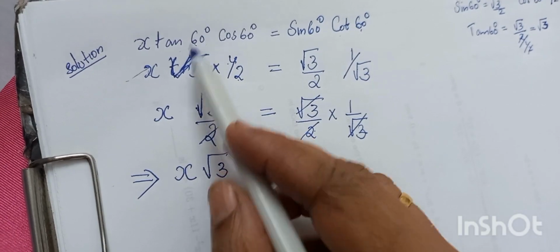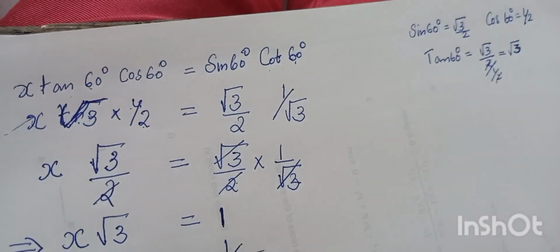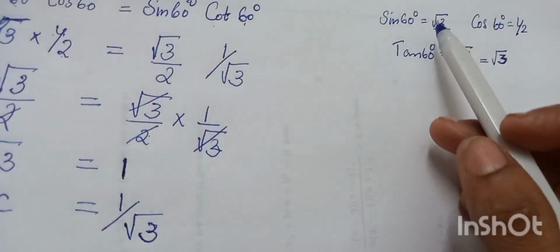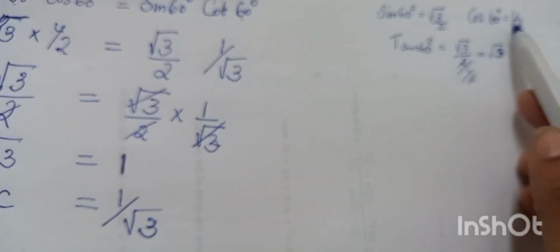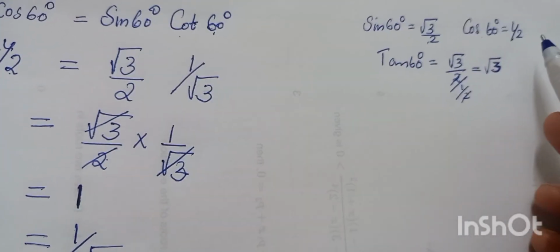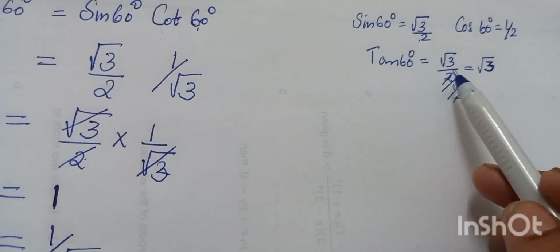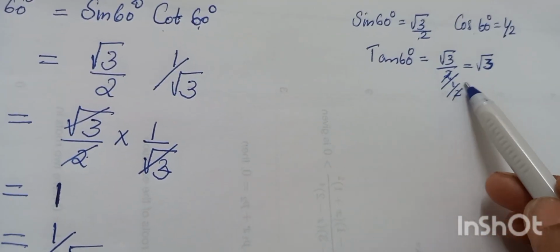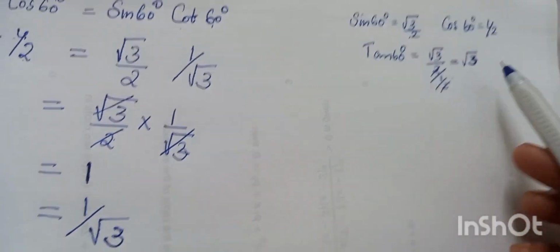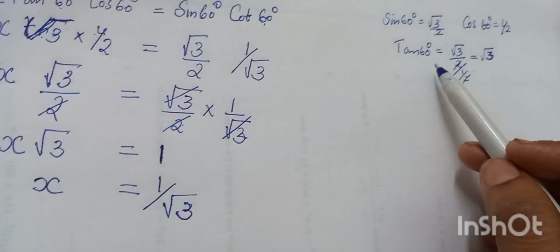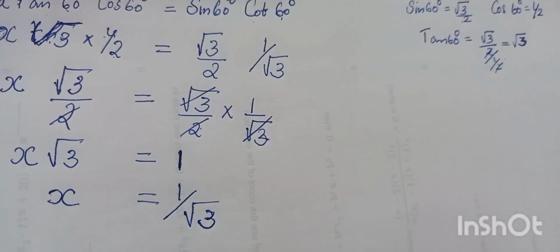Okay. Tan 60 degree. So we already know that sin 60 degree is equal to root 3 by 2 and cos 60 degree is equal to 1 by 2. So tan 60 degree is equal to root 3 by 2 divided by 1 by 2. So these two and these two get cancelled. So we get root 3. Tan 60 degree is equal to root 3. Is it clear?